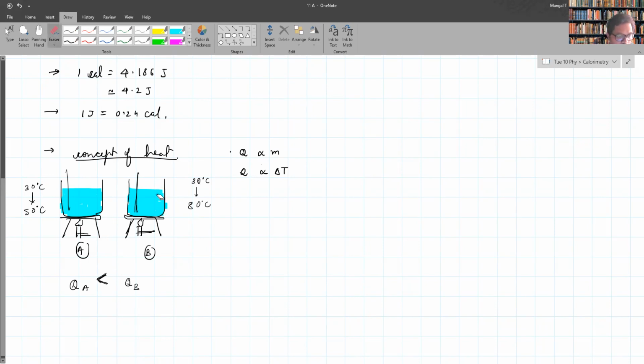Now, suppose we are assuming some other substance over here. This can be any liquid other than water. I've drawn the diagram to show you that it is the same volume, the same mass of the liquid.